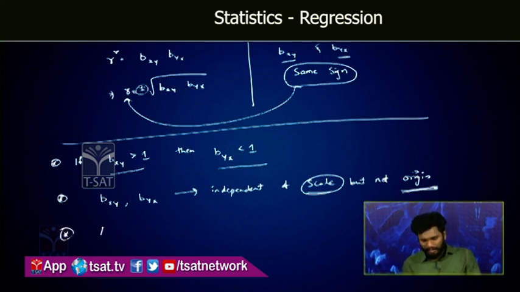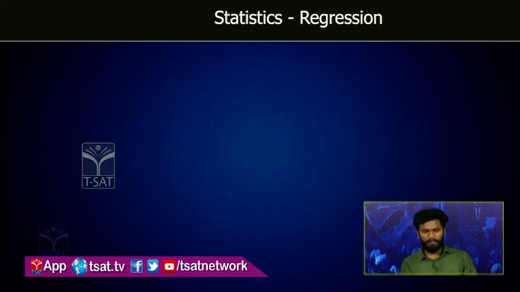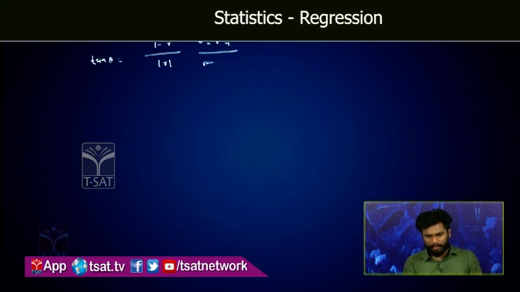This is also one of the important properties you have to remember. Now, angle between two regression lines. This angle is measured with tan theta, and we have two formulas for this. Tan theta is given by (1 minus r square) by mod r into sigma x into sigma y by (sigma x square plus sigma y square).